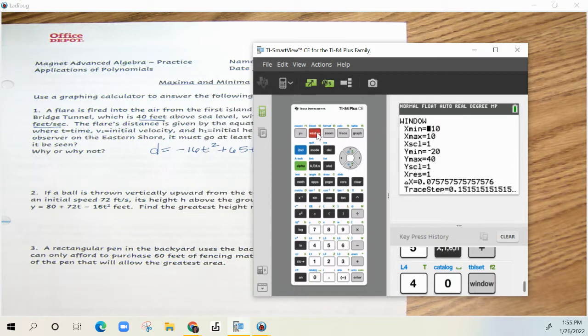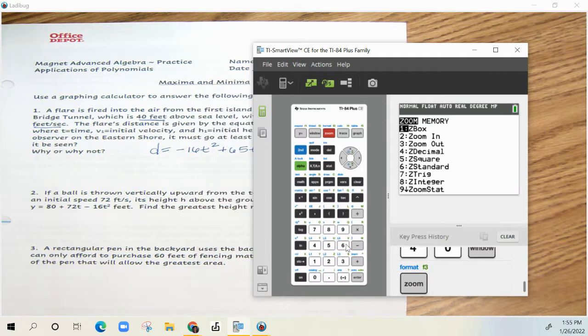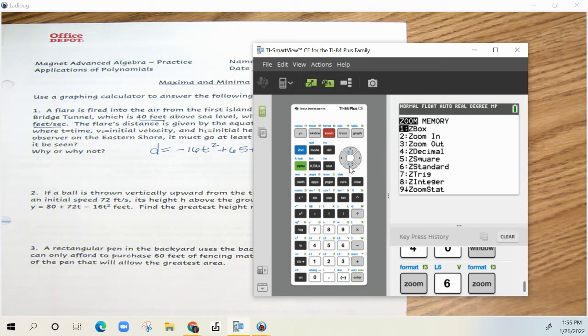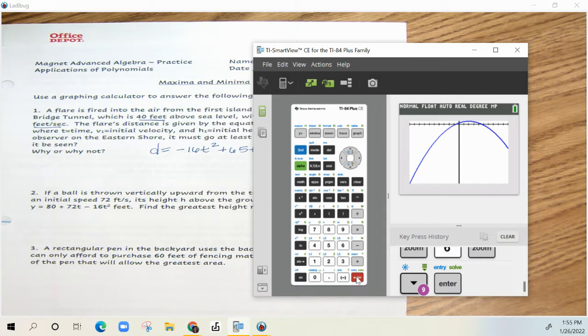So if you go to your window, I'm going to a zoom 6 window. Zoom 6 is a standard window, negative 10 to 10. So you can always start with that. You can also try zoom fit, which is zoom 10, but zoom 0. But the main thing is we need to know what that maximum is.